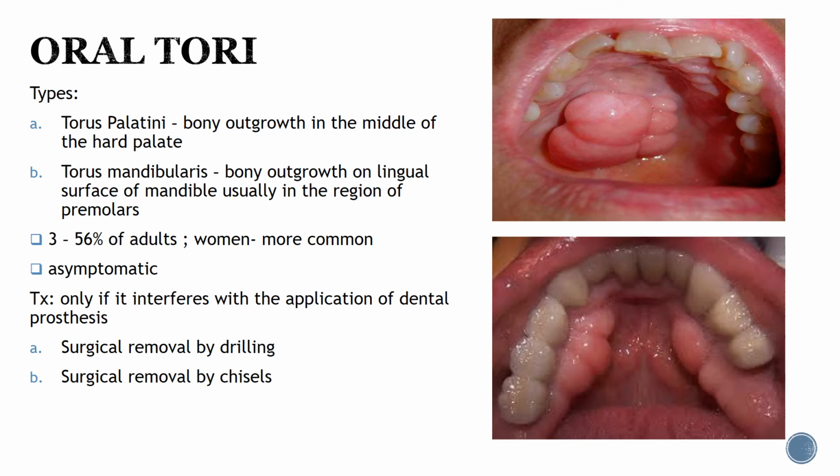Tori are typically pedunculated or multilobulated, broad-based, smooth, bony masses. They consist of dense lamellar bone with relatively small marrow spaces that do not involve the deeper cancellous bones of the mandible or palate.